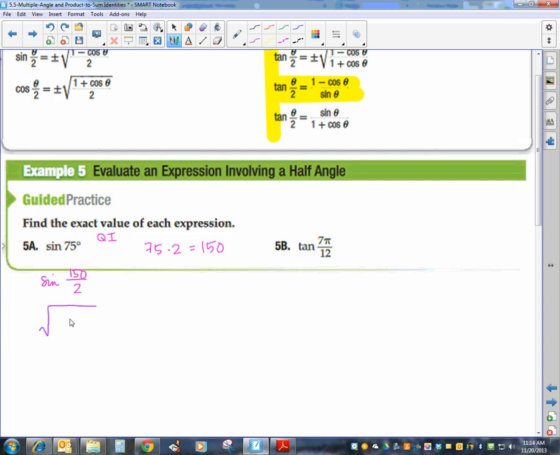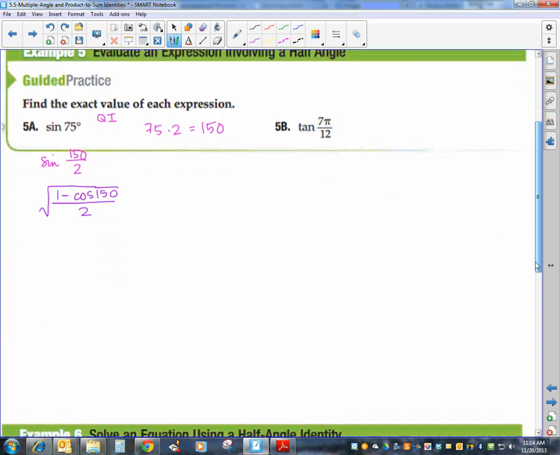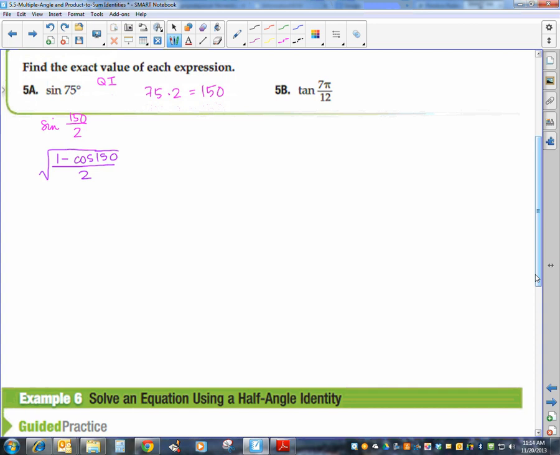Okay? So my formula is the square root of 1 minus the cosine of 150 over 2. Now we simplify that. As I said, I like to multiply by 2 over 2, and that's underneath my radical.